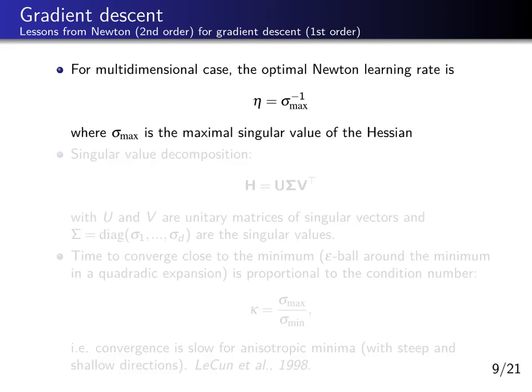Now we can follow a similar argument for multidimensional cases, and I'm not showing you the derivation here explicitly, but you can show that for multidimensional functions, the optimal Newton learning rate is just the inverse of the largest singular value of the Hessian. So you take the Hessian matrix of second derivatives, its singular values or eigenvalues, which is the same in this case because the Hessian is a symmetric matrix. They tell you something about the curvatures, about the different magnitudes of curvatures in different directions.